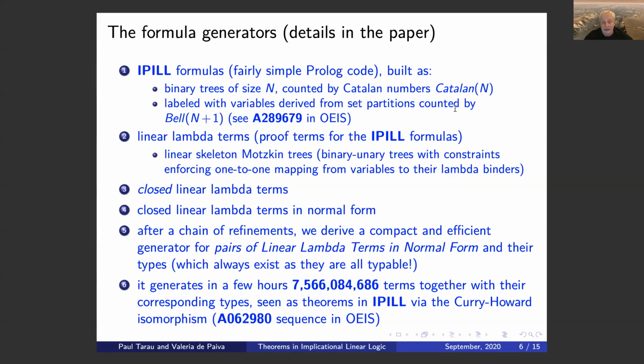That's a minimal way to use variable labels that's canonical. There is a unique representation for a given term rather than going over all the variables, taking all possible positions, which would be a little bit more. But even then, this is super exponential. We have Catalan numbers n times Bell numbers n plus 1 to count all those possible formulas.